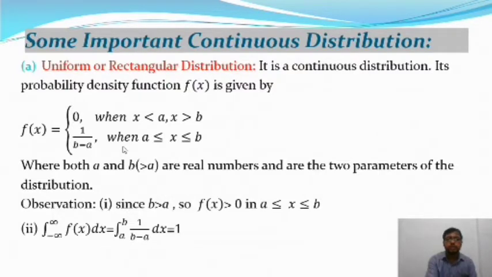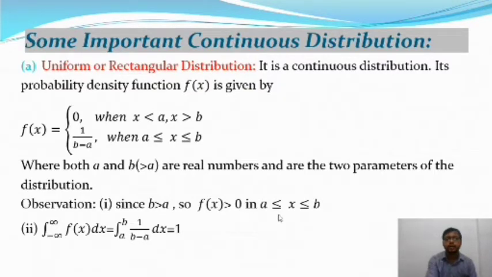From this uniform distribution, we observe that since b is greater than a, the probability density function f(x) is greater than 0 in the interval a less than or equal to x less than or equal to b.